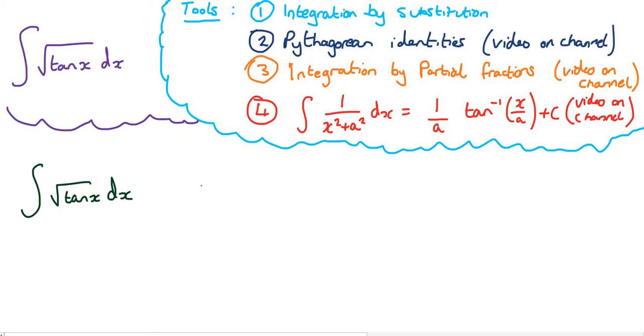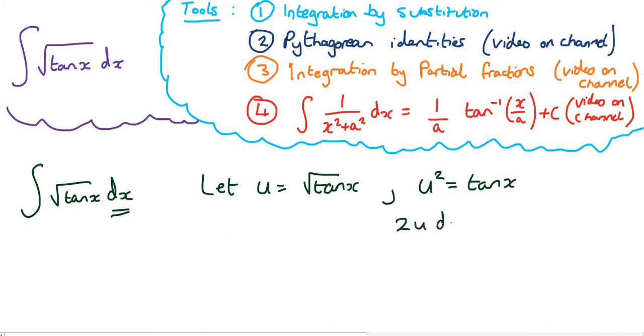For our first substitution, let u equal the square root of tan x. As always when doing substitution, we need to find what dx is, so we can change it. We can note that u squared equals tan x, and so when we differentiate, we get 2u du equals sec squared x dx.